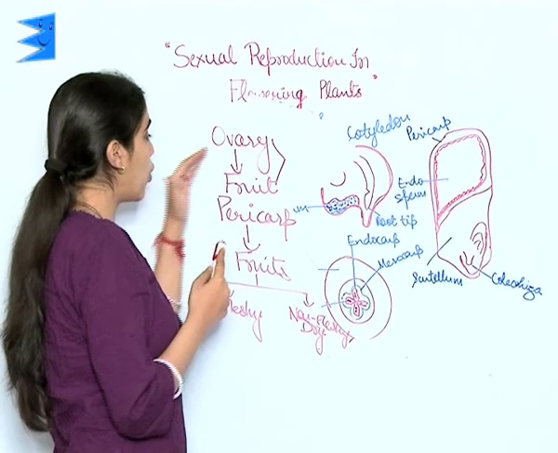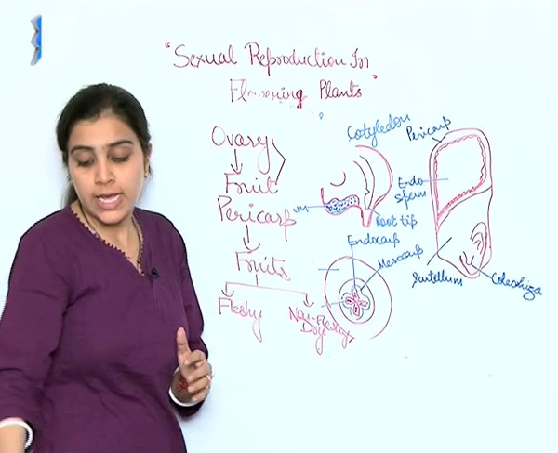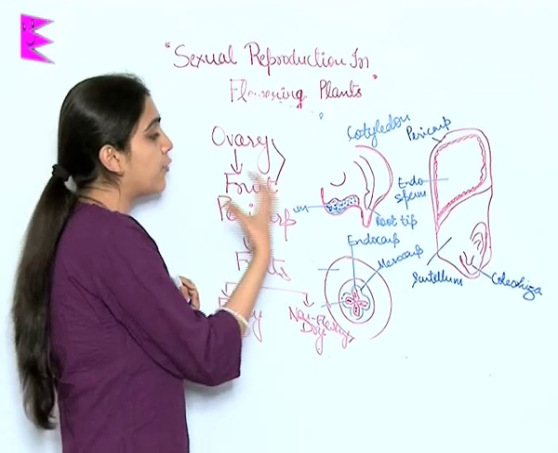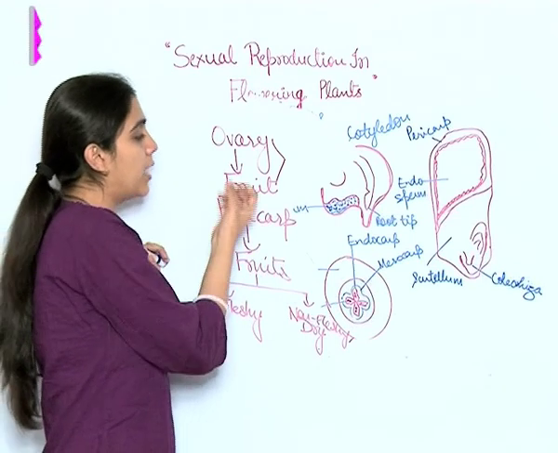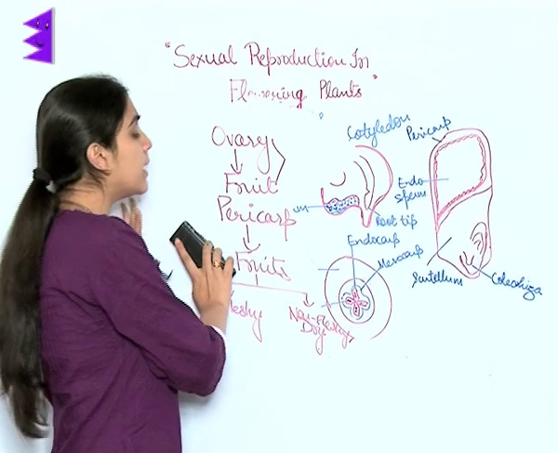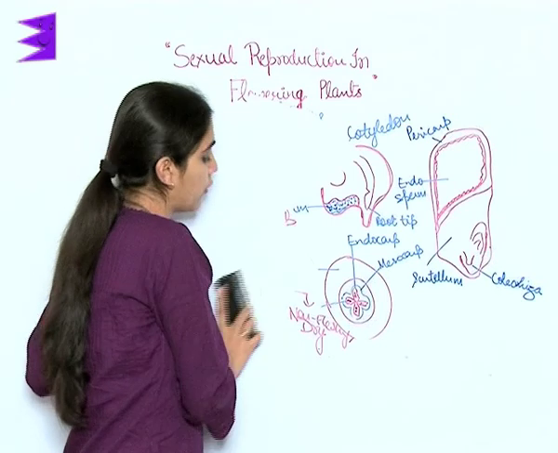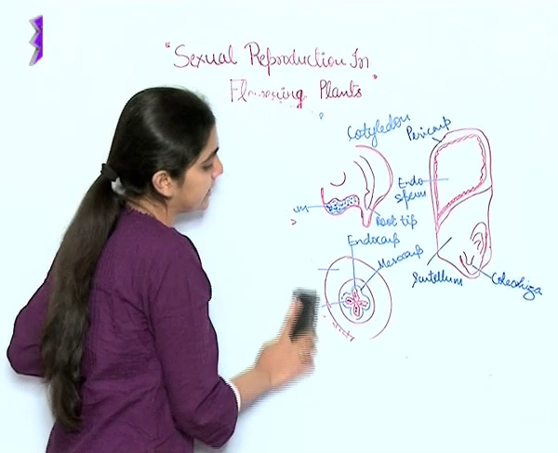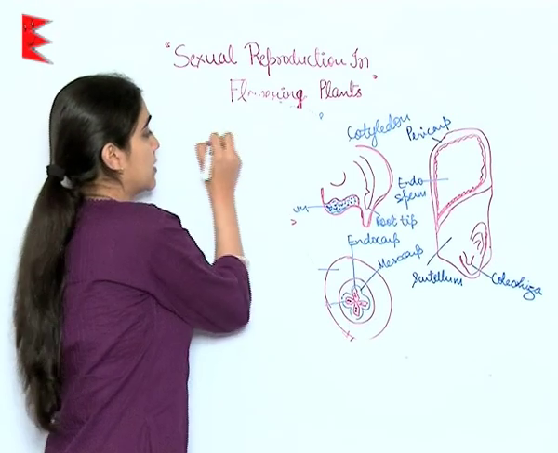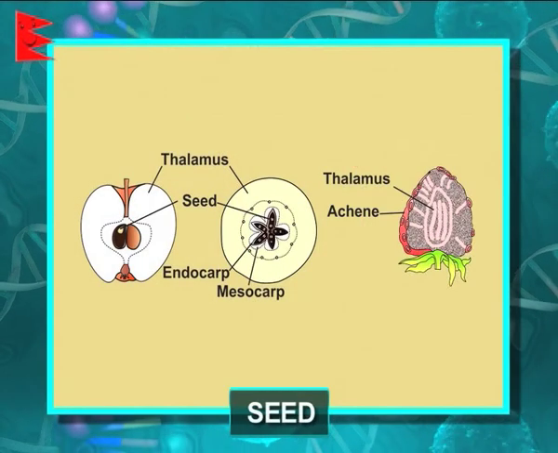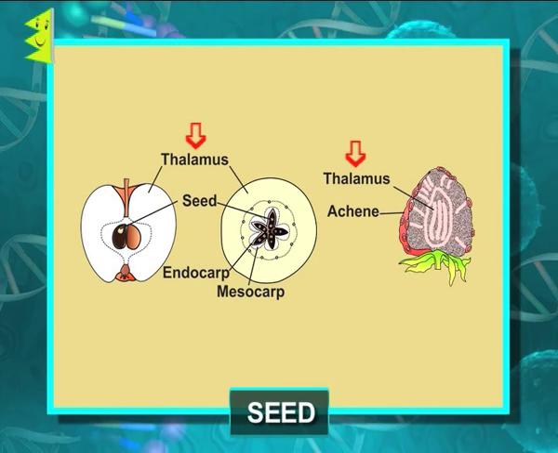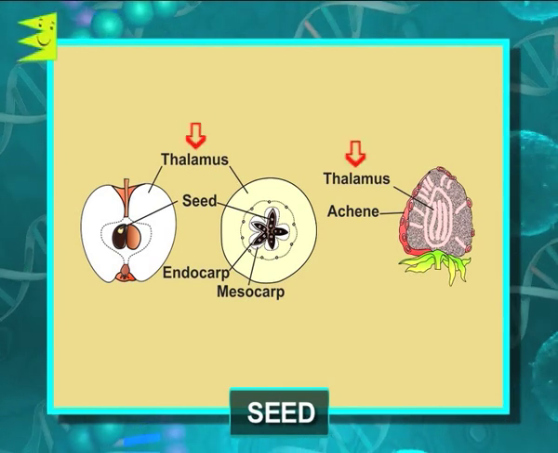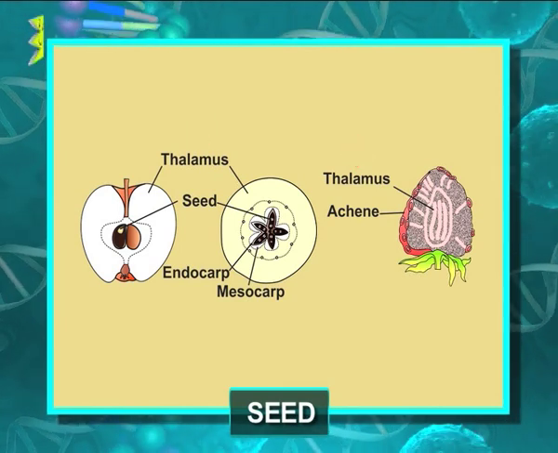Now, as the ovary turns into fruit, various other floral parts like inflorescence, buds, etc., usually degenerate and fall off. But in certain cases, the thalamus is also involved with the ovary in the formation of fruit.